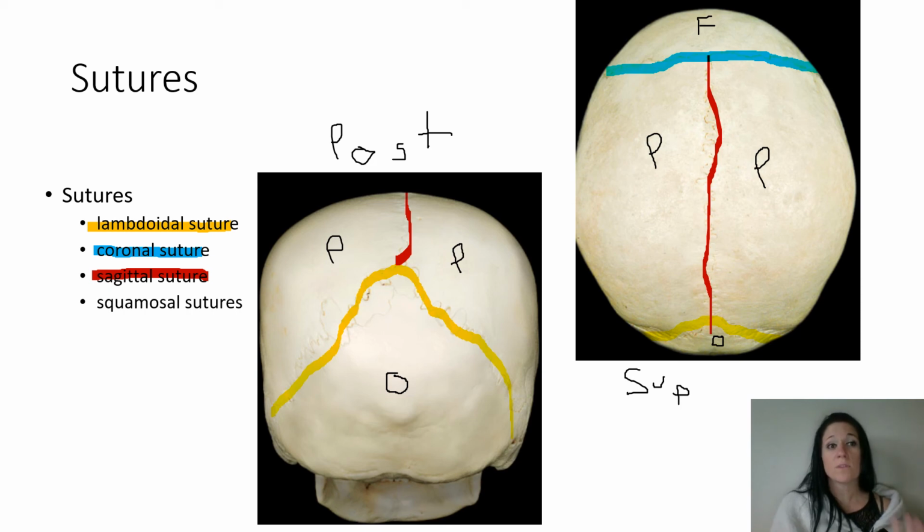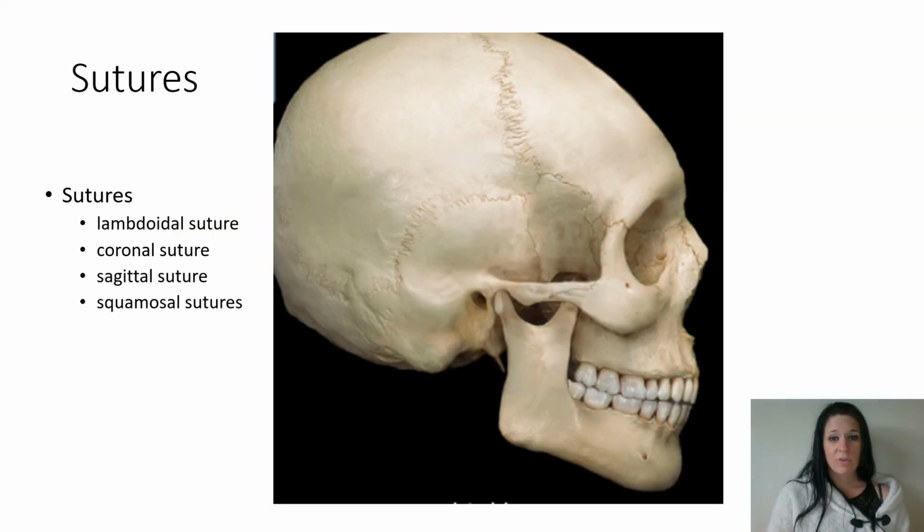The squamosal suture we're going to see from a lateral view, so let's look at that, and that will wrap up the skull this week. The very last structure we're going to look at is the squamosal suture, and this is the articulation point between the temporal bone and the parietal bone.